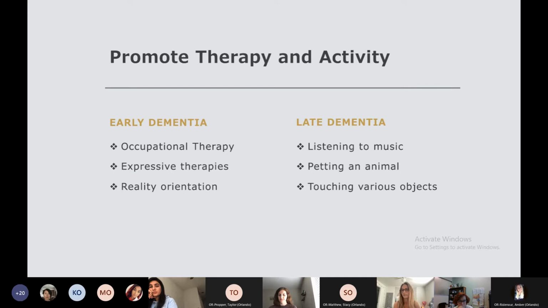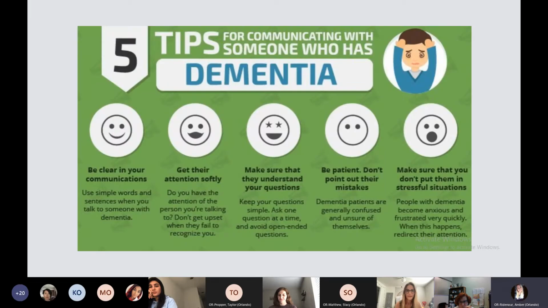Late therapies for dementia: listening to music, petting an animal, touching various objects, and being touched is very pleasurable and a stimulating experience for them. And yeah, so that's about all that.